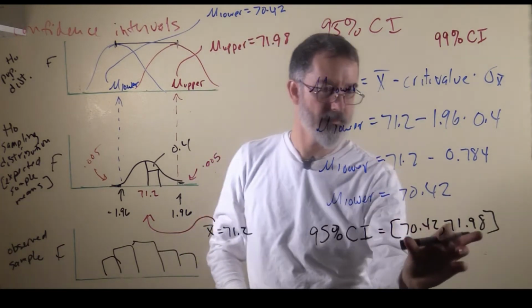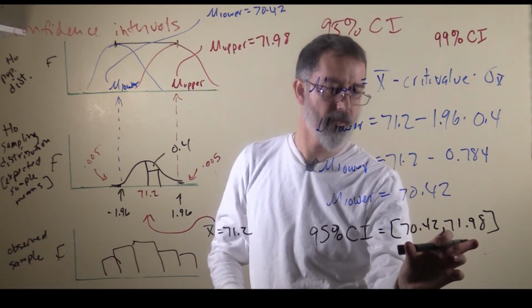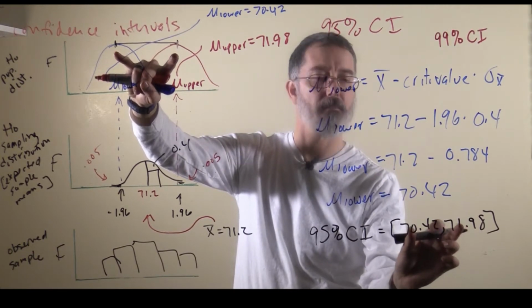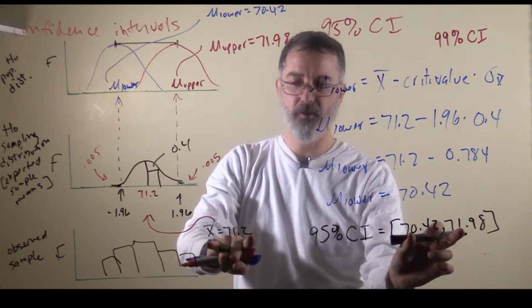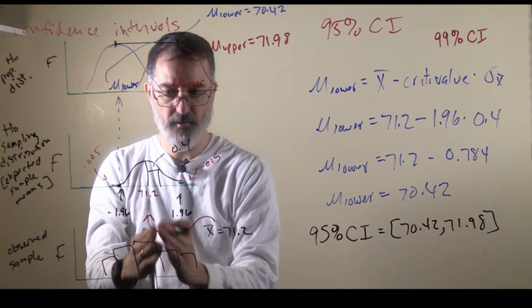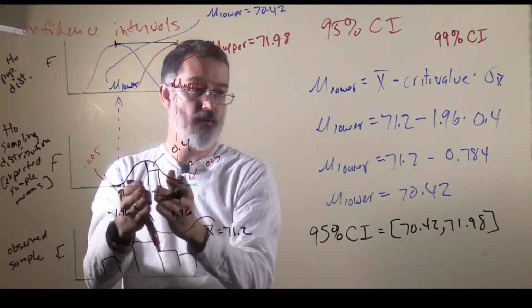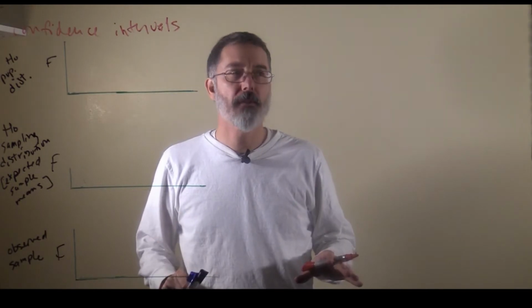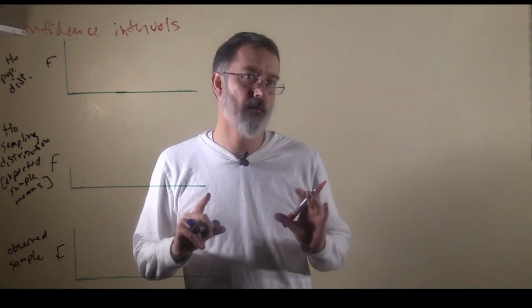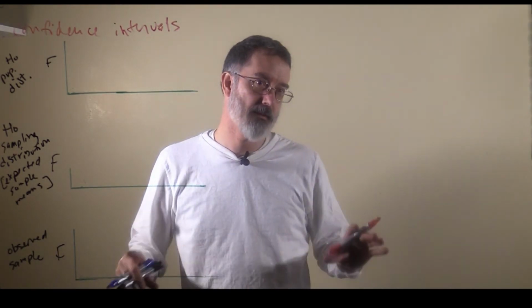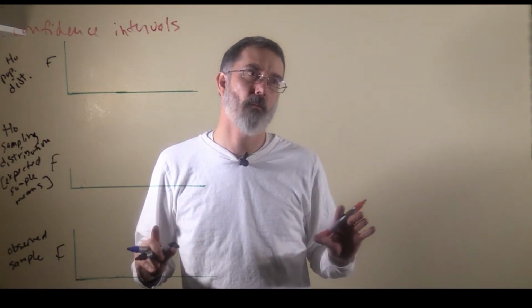Right, so when you read this in a paper, what it tells you is that these are the kinds of population means that are really plausible values given the observed sample mean. Right, so you just go from your observed sample and you figure out what kinds of populations are likely to produce that sample mean.